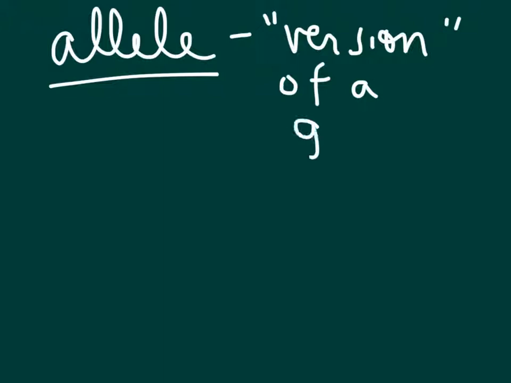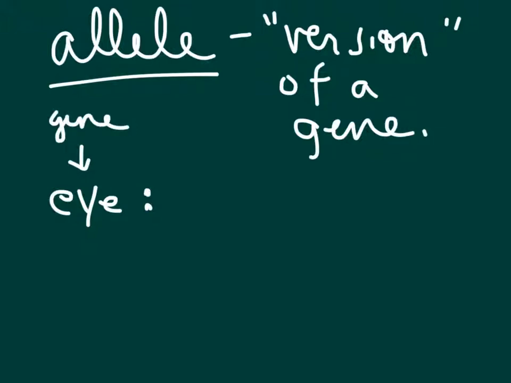Alright, I get it. So let's pick a human trait. Can you guys think of a trait that people have? Eye color, hair, height. Skin color? So for eye color, the different versions that you could have, so this is the gene. Actually, there are many genes, but that's the gene.